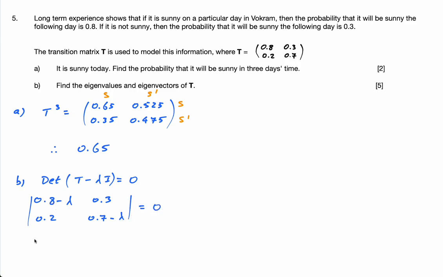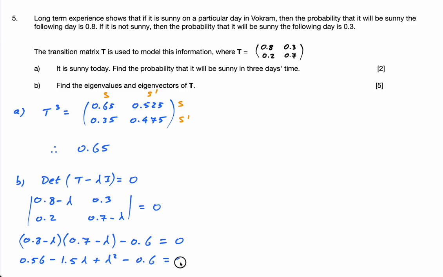Then I do this times this, 0.8 minus lambda times 0.7 minus lambda, minus this times this, so minus 0.06 equals 0. Multiply this out, 0.56 minus 0.8 lambda minus 0.7 lambda is minus 1.5 lambda, plus lambda squared, minus 0.06 equals 0.